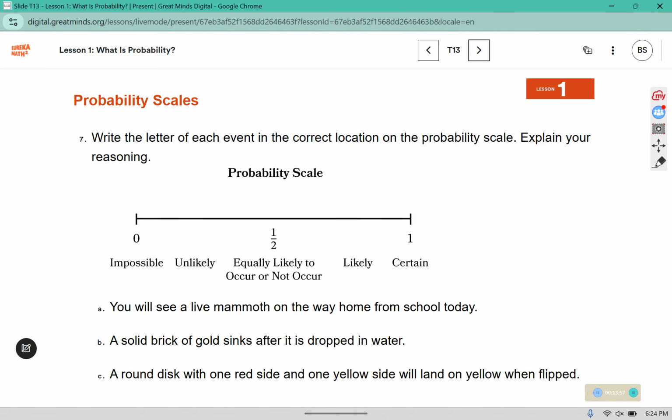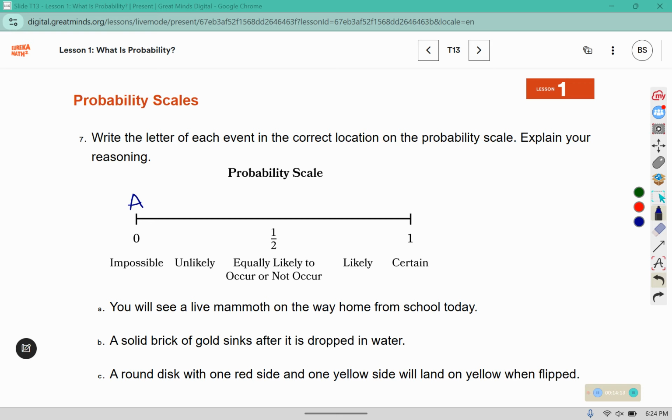Write the letters of each event in the correct location on the probability scale. Explain your reasoning. You will see a live mammoth on the way home from school today. Well, mammoths are extinct, so that is impossible.